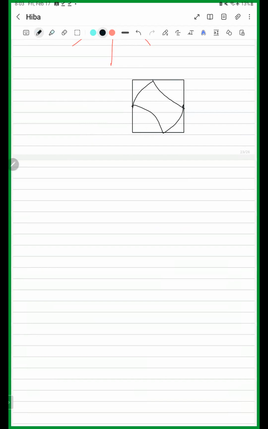Your line of symmetry will be like this, 1 and 2. ठीक है? Understood? बाकी आप कर लेंगी? Yeah, but the E one is like 4? Yeah, actually it will be 4.